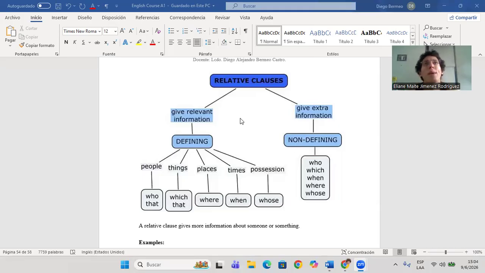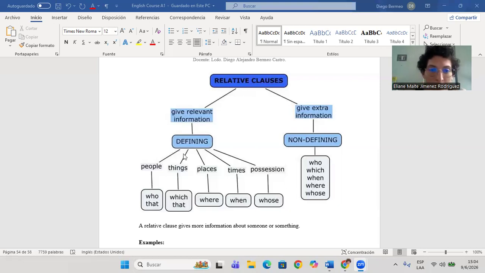The sentence would be incomplete, kind of hard to understand. Instead, the non-defining are the ones that give extra information. It means that in a sentence, you can even delete the relative clause and the sentence would be clear, would be able to be understood by people.